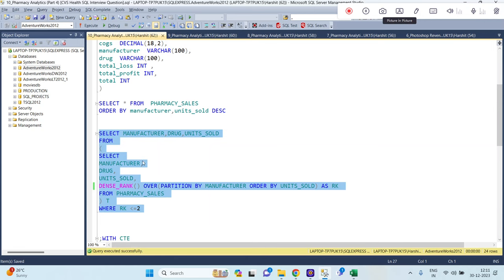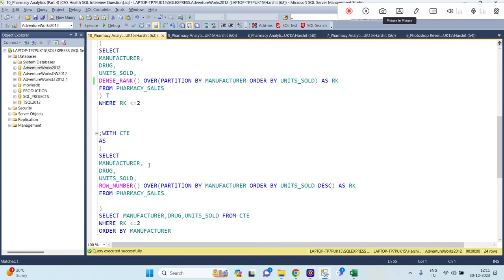And this same thing we can write into the CTE also, that I have written below. Whenever you are using a derived table, the same thing you can write as a CTE also. Now it is clear, right?